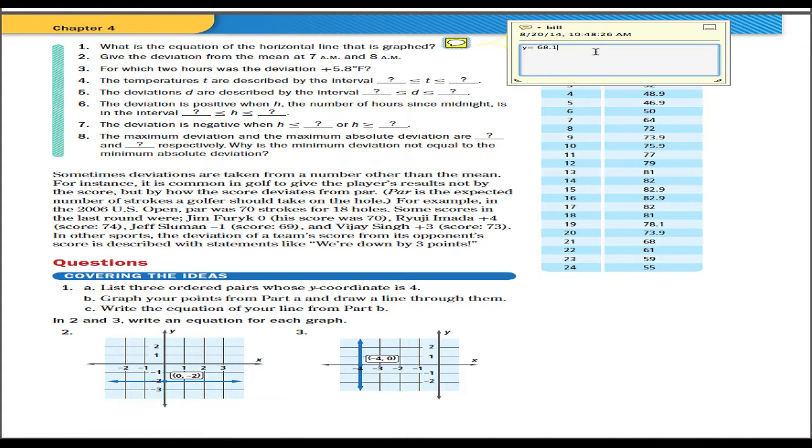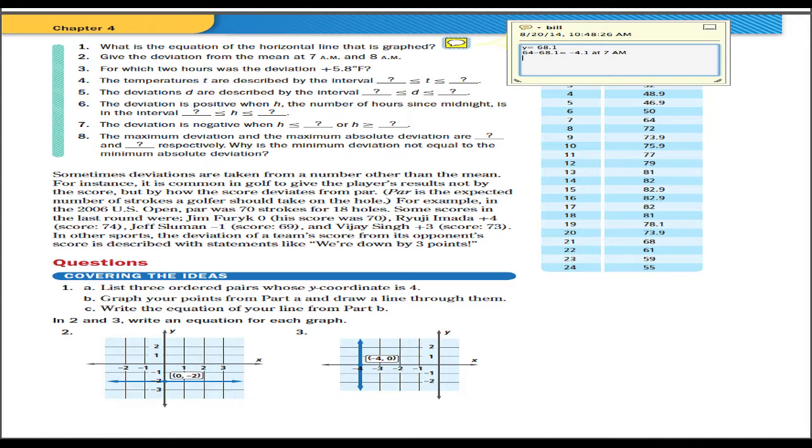So we've got 64 minus 68.1 equals a negative 4.1 degrees. So that's our deviation at 7 a.m.